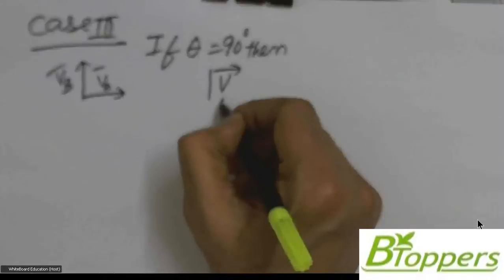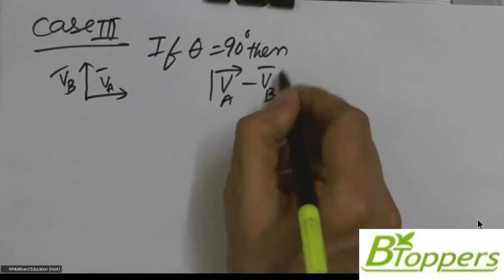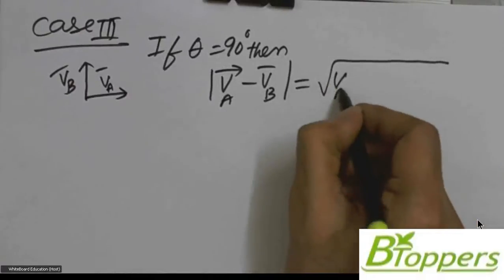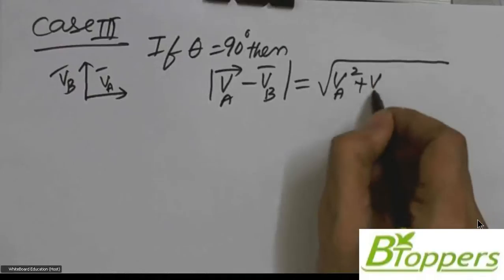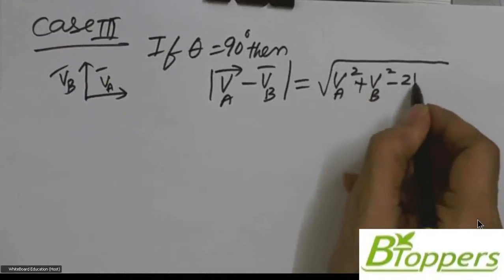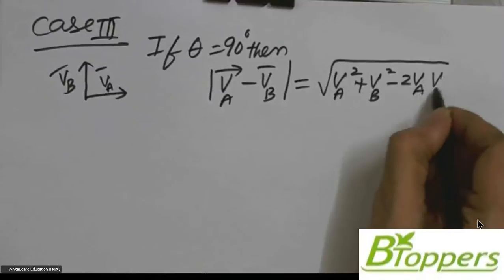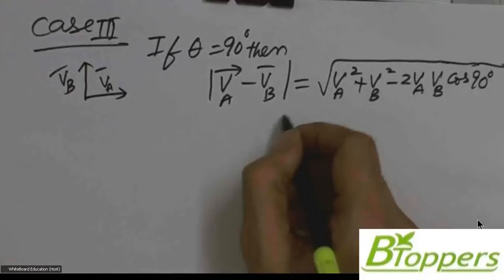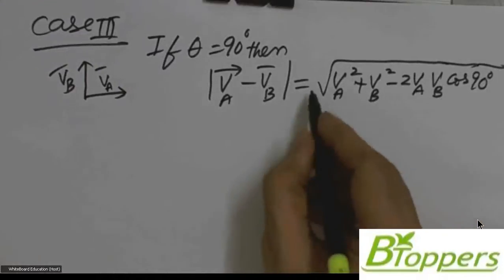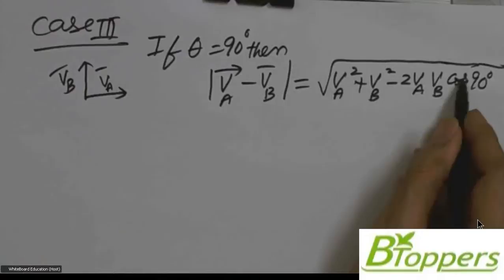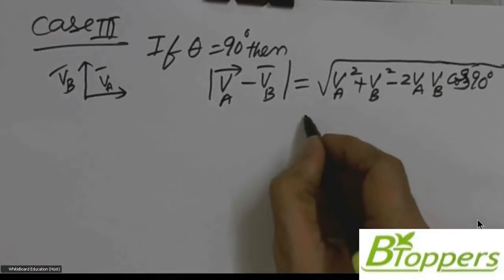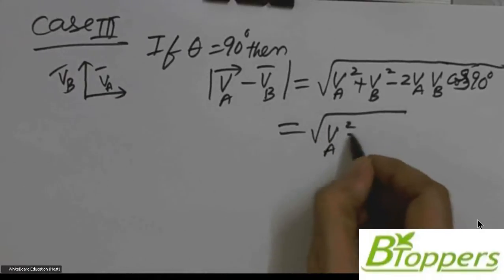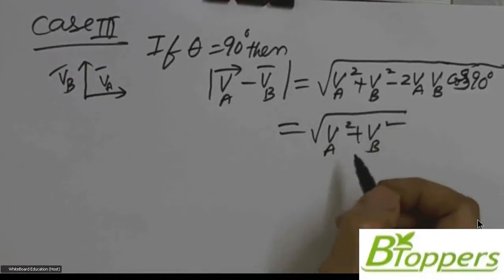In that case, modulus of VA bar minus VB bar equals root of VA square plus VB square minus 2 VA VB cos 90 degrees. You can substitute theta equal to 90 degrees in the general formula. Cos 90 degrees equals 0. So you get root of VA square plus VB square.